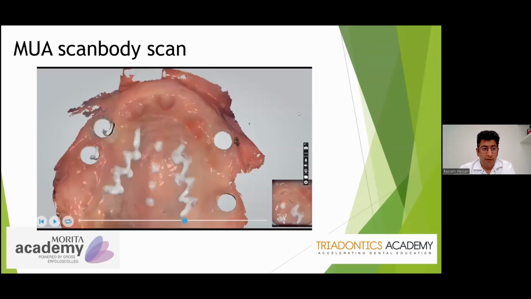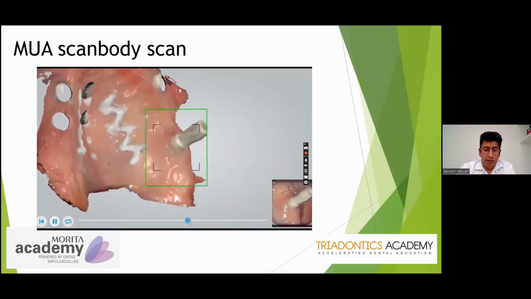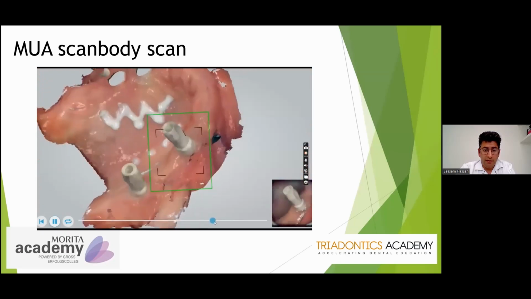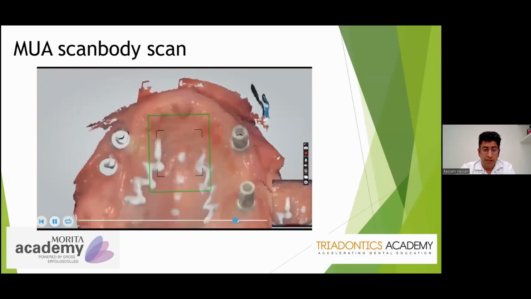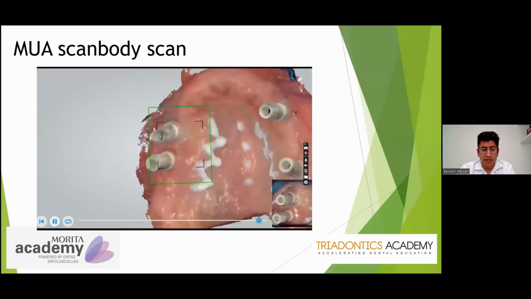Doing a scan of the scan bodies requires a skill, it requires training. You need to go 360 degrees around the scan body while maintaining the palate as a reference, because all those scan bodies, they are identical.